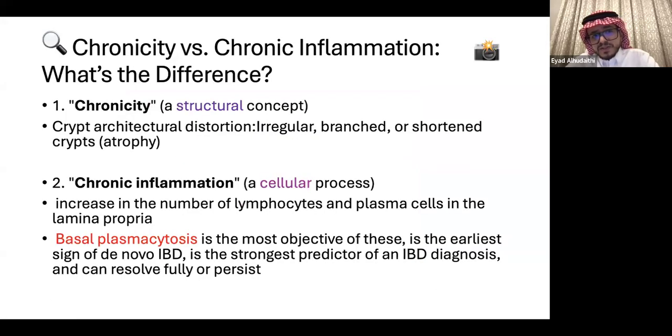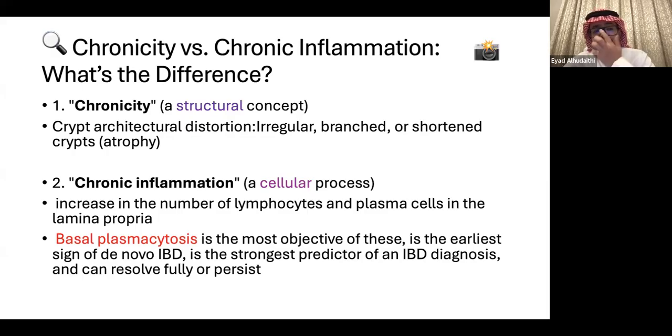I want you to be familiar also with two important concepts that might be confusing: chronicity and chronic inflammation. When you see histopath reports, you will find a lot of terms: chronicity, chronic inflammation, active inflammation. So we should be familiar with that. When we say chronicity, it's a structural concept. It's when we talk about crypt distortion, like irregular, branched or shortened crypts, or atrophy.